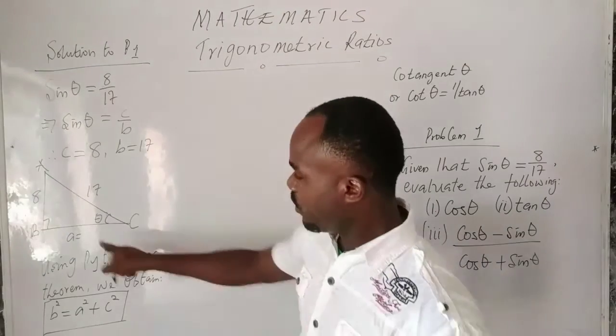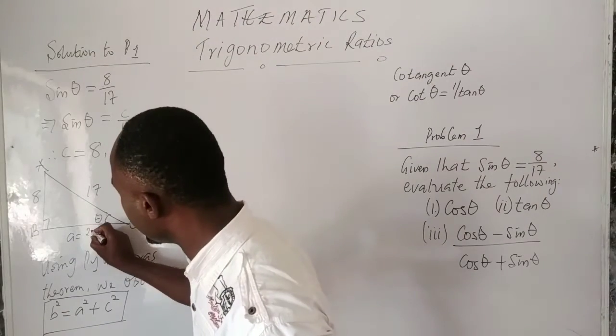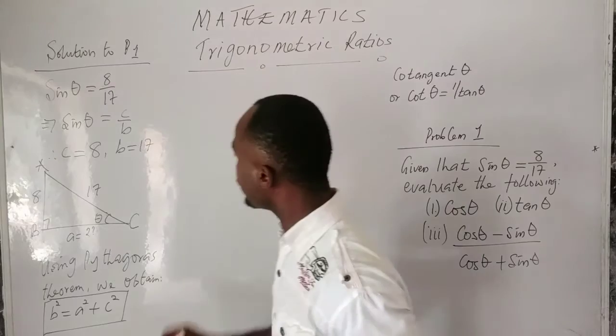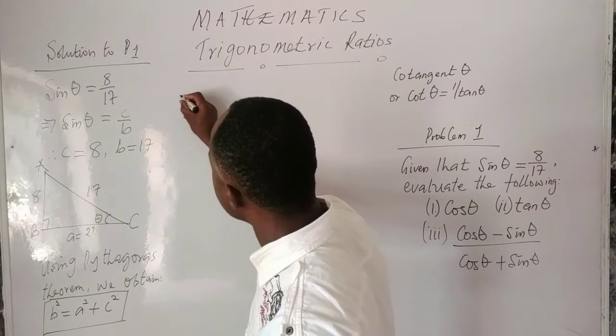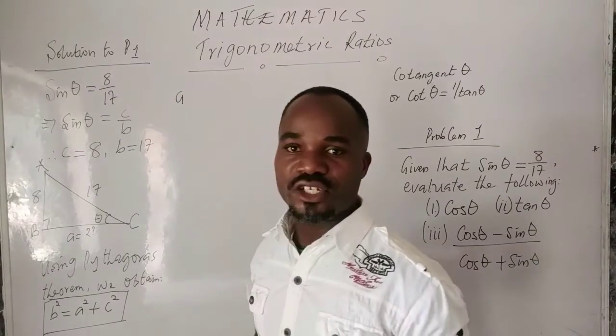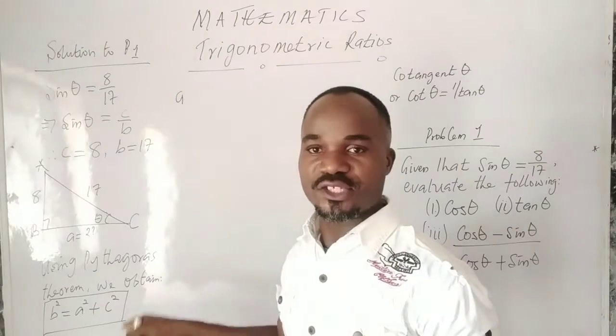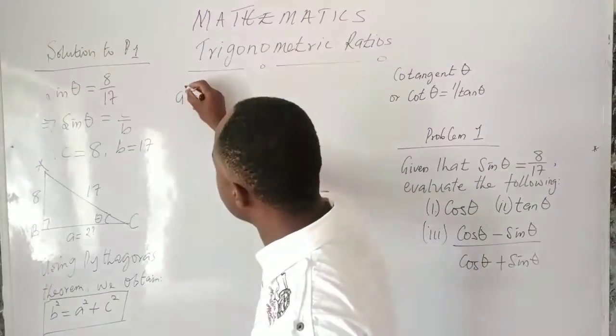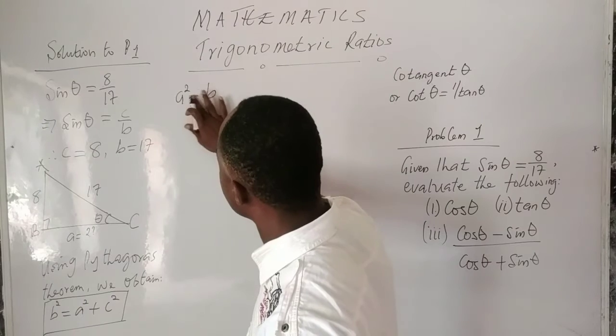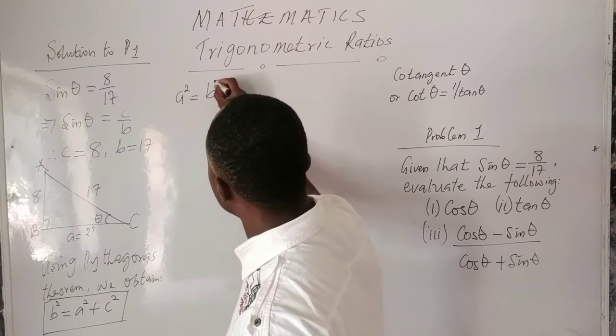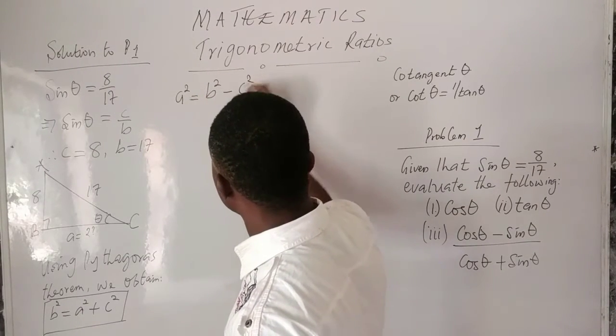But here we are looking for what? The side adjacent. So looking for adjacent, it means we are going to make A from this Pythagoras theorem the subject of the formula. So we have A squared is equal to B squared minus C squared.